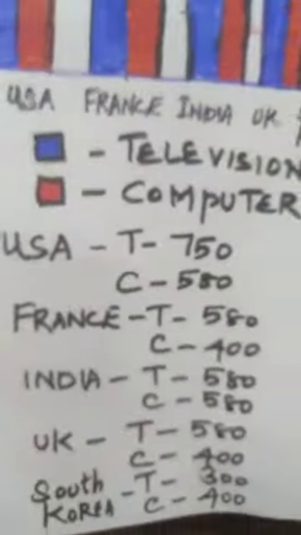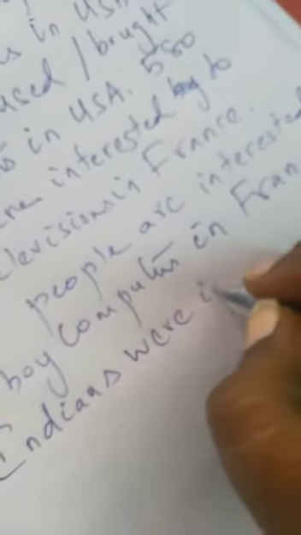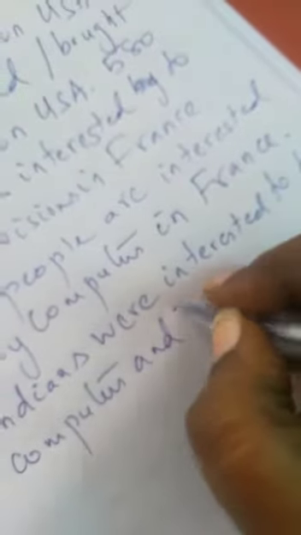And next, India, you can make a sentence like: Indians were interested to buy computers and televisions.